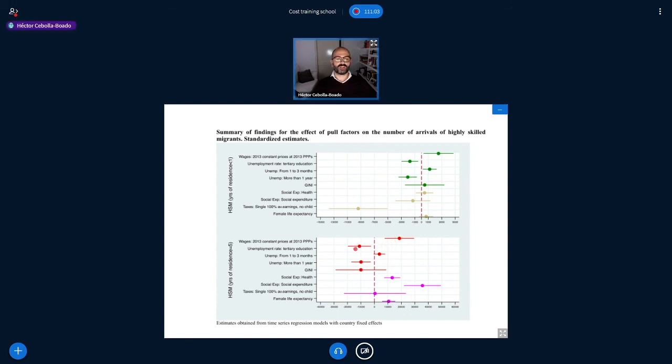They want to avoid countries where unemployment is higher, but they are not disincentivized by fiscal pressure. And in fact, they prefer countries where spending on welfare is higher, okay?